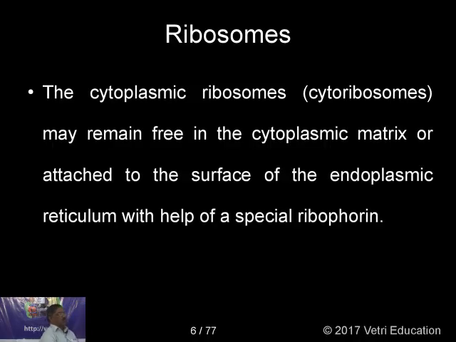The cytoplasmic ribosomes, the cytoribosomes, may remain free in the cytoplasmic matrix or be attached to the surface of the endoplasmic reticulum with the help of a special protein, ribophorin. With the help of this, these ribosomes are attached to the endoplasmic reticulum.